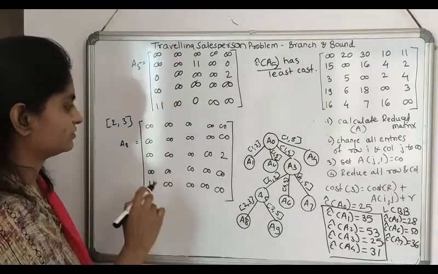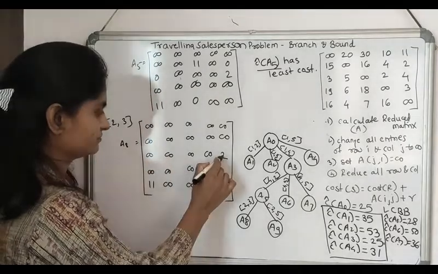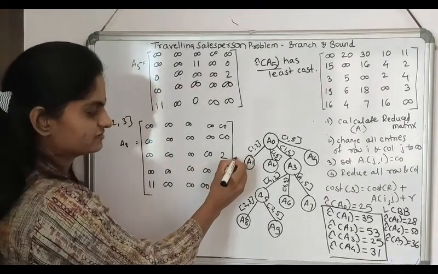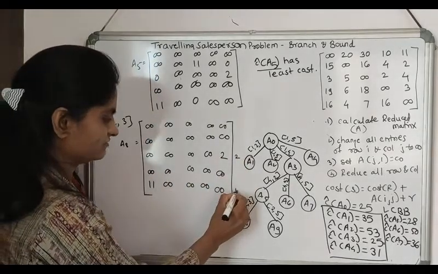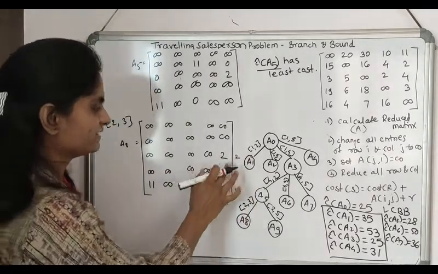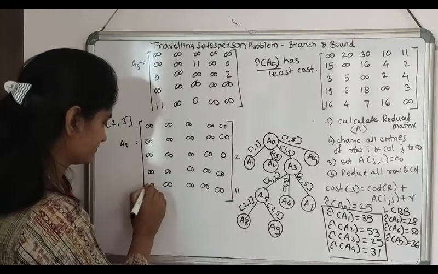Check whether each row contains 0 or not. Here it is 2, so we subtract 2 here. Here it is 11. After that, here is 0 and here is 0.